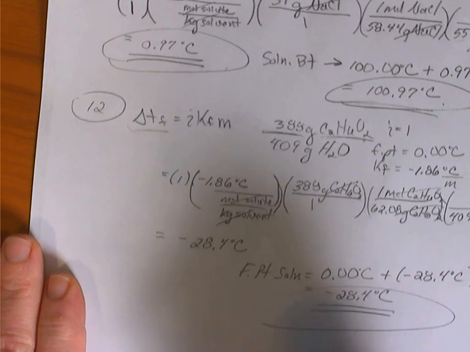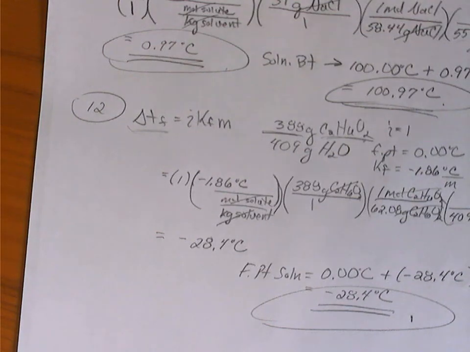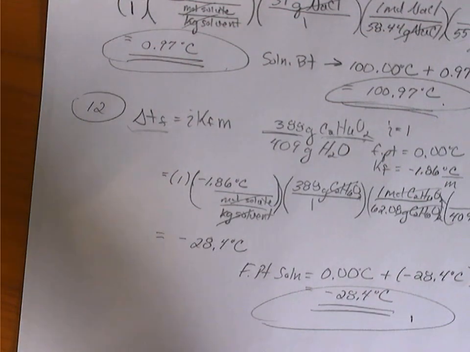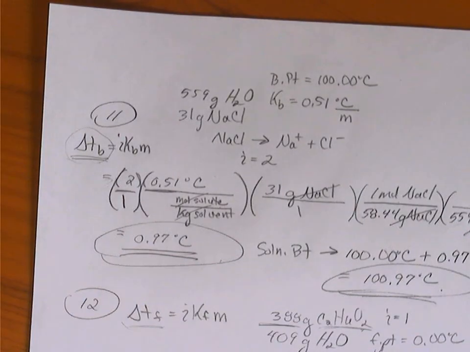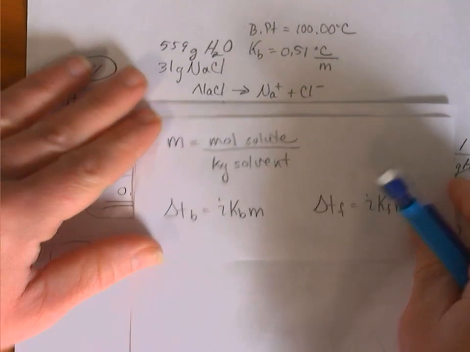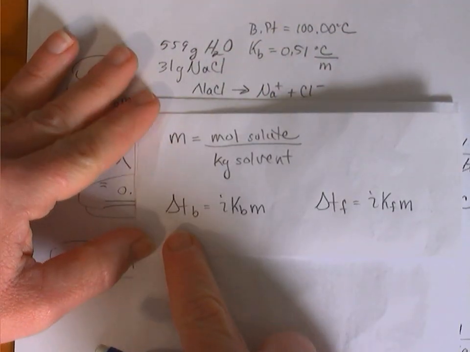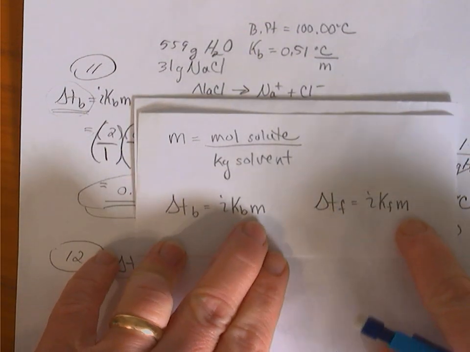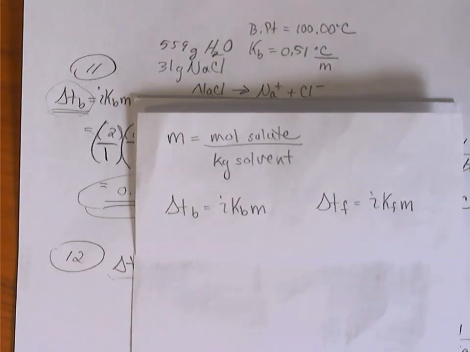So that is 2 examples for us, as well as some just targeting of what could we be asked with these colligative property equations. So we will be applying these to find a solution boiling point, a solution freezing point. We also could be asked to find molality most commonly. Best of luck.